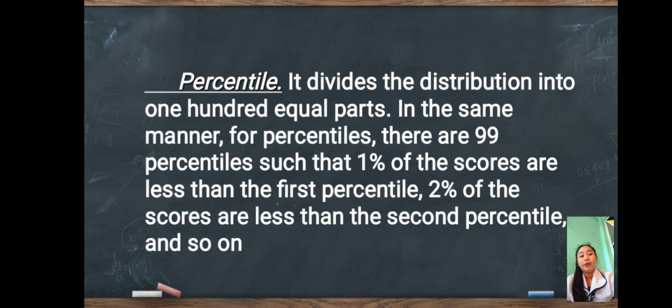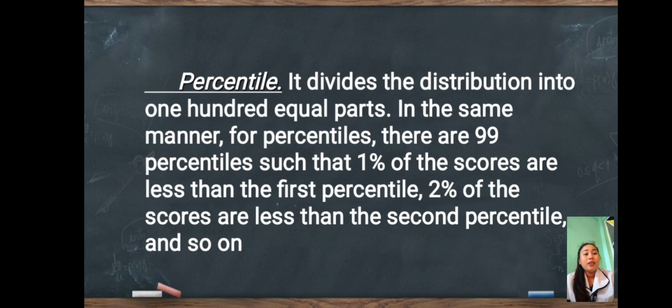For example, if you scored 95 in a 100-item test and your percentile rank is 99, that means 99% of those who took the test performed lower than you. This also means that you belong to the top 1% of those who took the test.